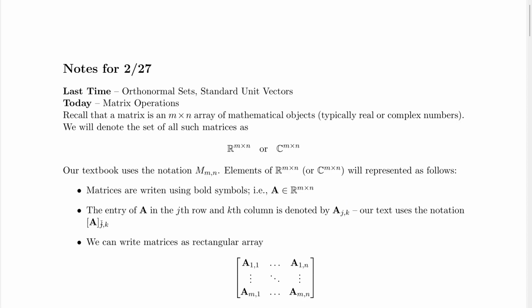It's worth noting that the textbook does this notation where they put a bracket around A. That is a very common notation as well. I think it gets a little overly notational, so I don't like to use it, but it does have its advantages, especially if you have a sequence of matrices. But I'll leave it without the brackets, though if you are following along with the text, that's the notation they'll use.